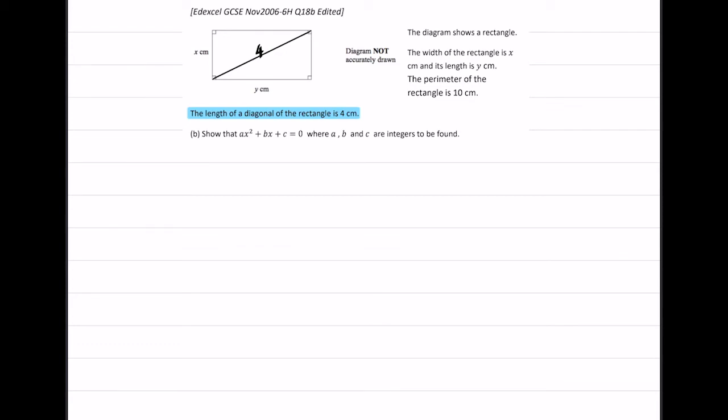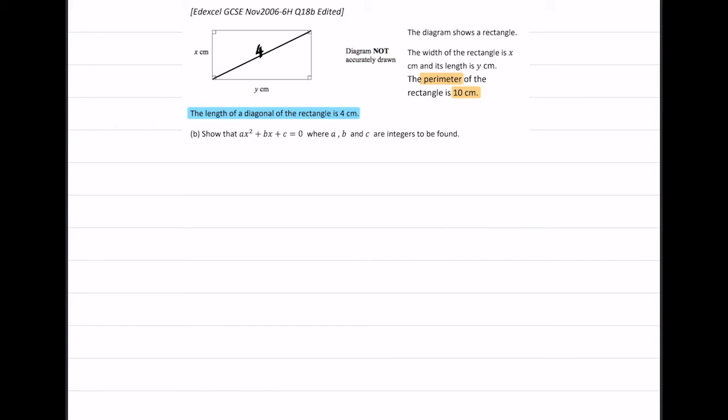They've given us the perimeter of the shape, 10 centimeters, so we are definitely going to be using the perimeter as one of our simultaneous equations. The other is the diagonal of 4 centimeters, so we're going to use Pythagoras in one of those two triangles.